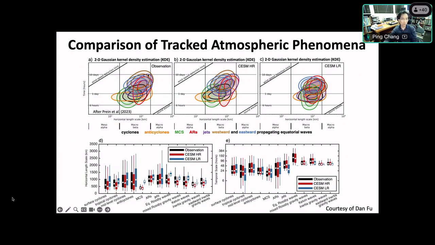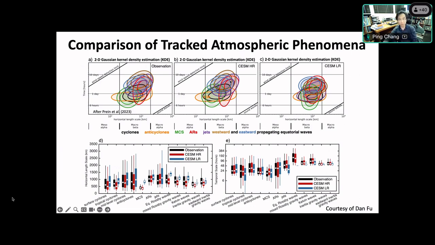The left is basically from Andreas's paper. The vertical axis here is time, and the horizontal axis represents the spatial scale. So this gives you a depiction of the characteristic temporal and spatial scales of different atmospheric phenomena.